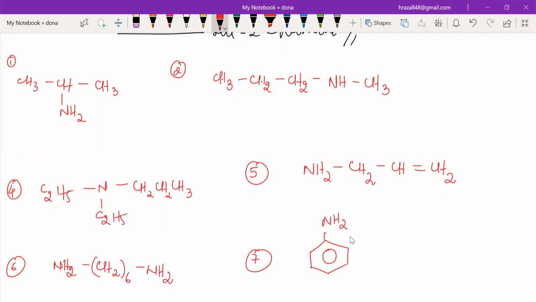So for the first one, it's only connected to one CH. So how do we take the parent?